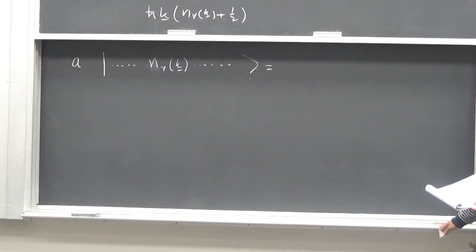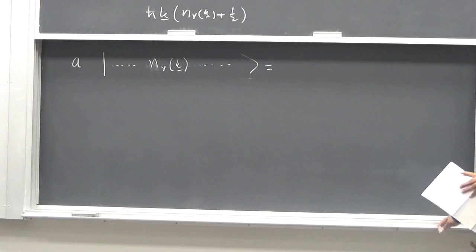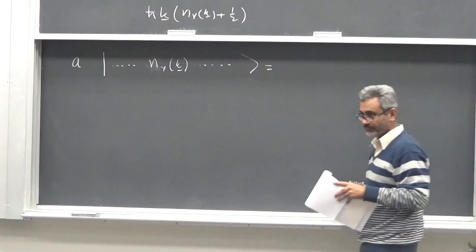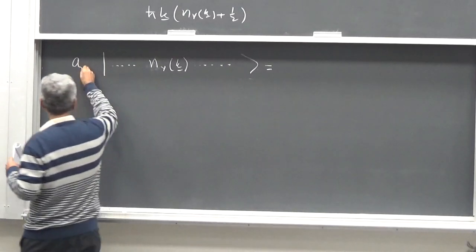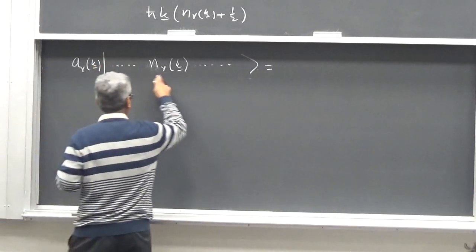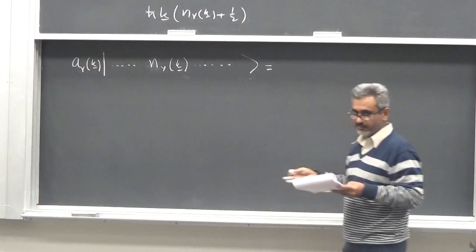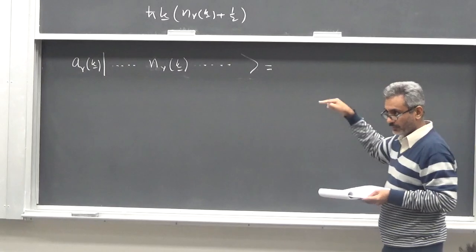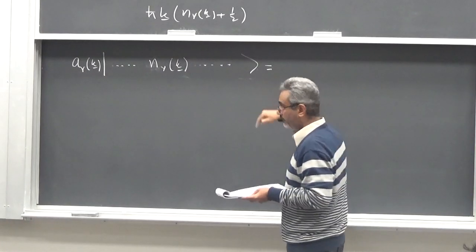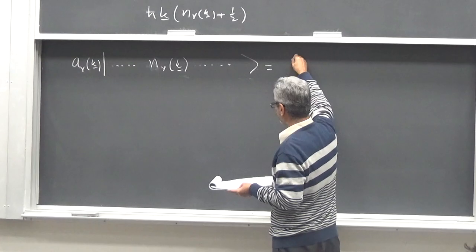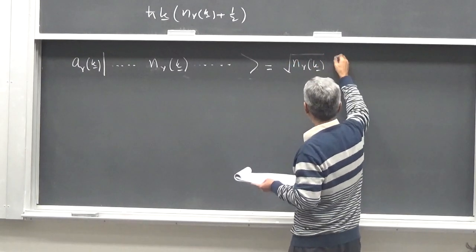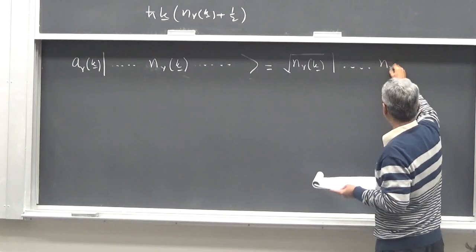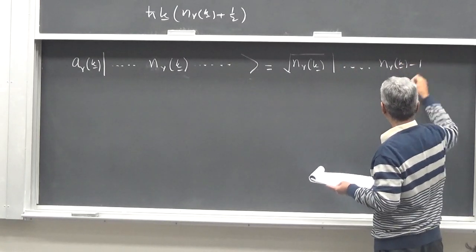Yes. And if that particular photon is not present in your superposition, what happens then? It goes to zero, right? Otherwise, if you have NR sub K, then it picks out, and you know how the tensor product works. The corresponding operators just find their own state and act there. And so this is going to be square root of NR of K, and then this is going to become NR of K minus 1, right?